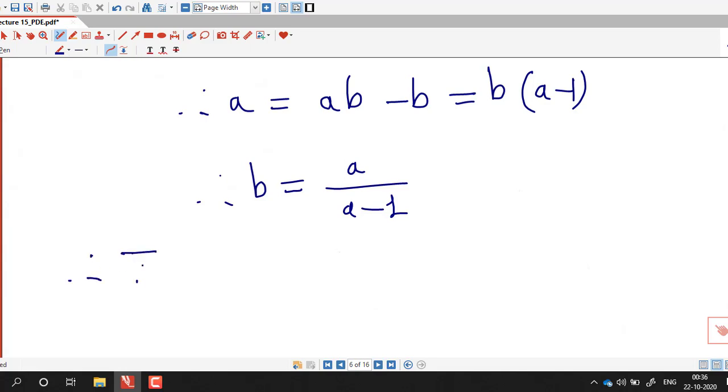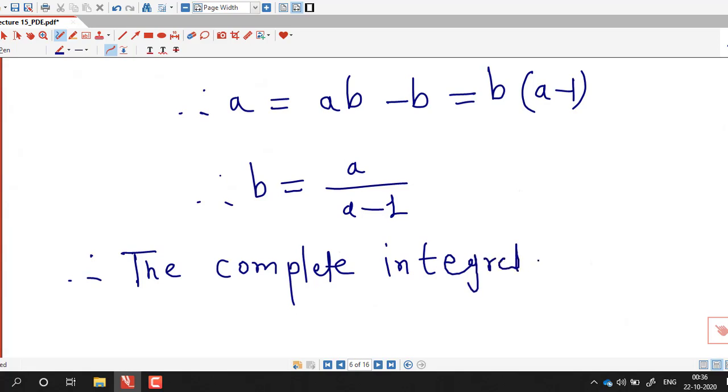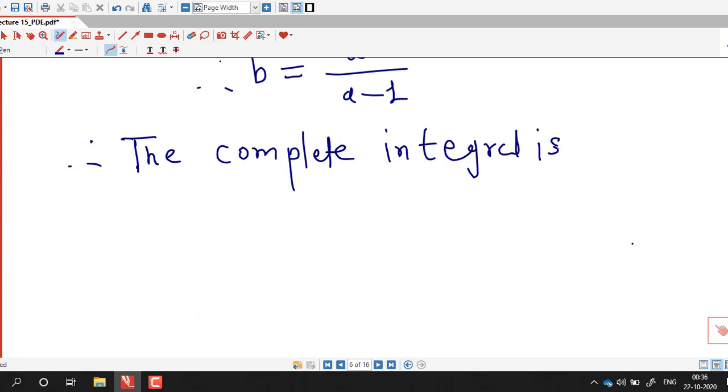So therefore the complete integral is z equal to a into x plus a by a minus 1.